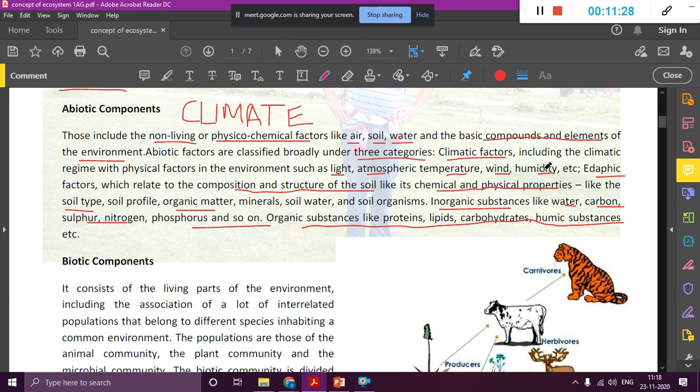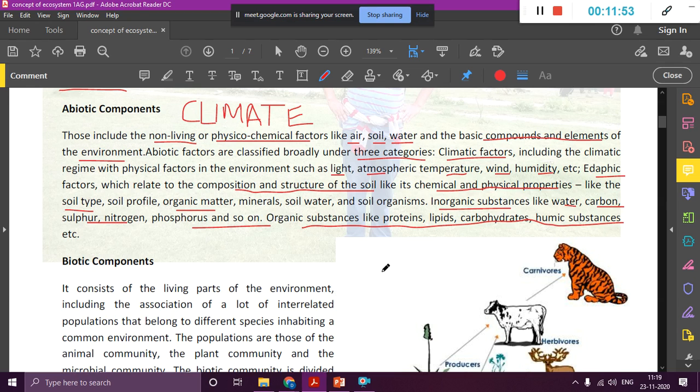In Asansol area, you will find it's more or less not red. So you can see that the abiotic components in Purulia and the abiotic components in Asansol are different. So edaphic factors are those factors, the chemical and physical properties of the soil, or what are the materials present.